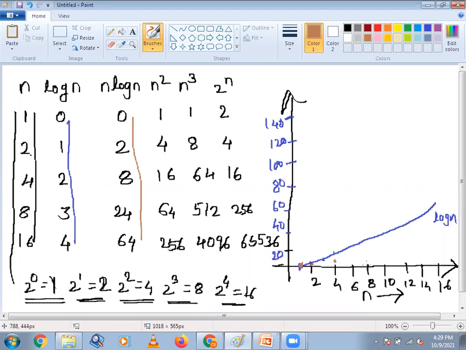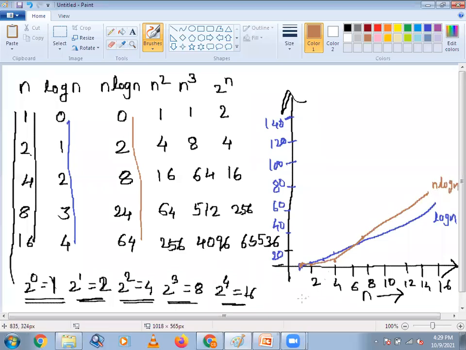Then for 8, it is 24. Then for 16, it is 64. That is, the graph goes like this. This is for n log n.